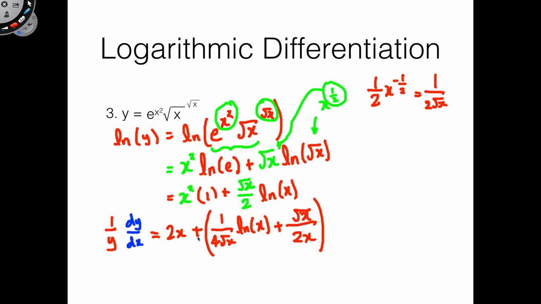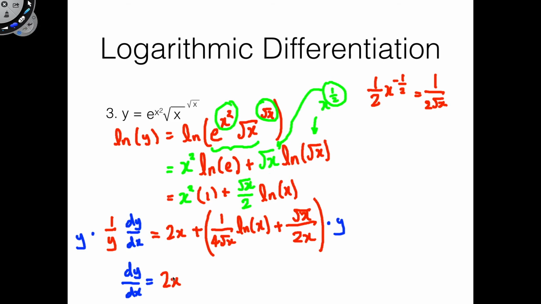All right. And then for the final step, you just go ahead and multiply by y to both sides. So you multiply by y, multiply by y. So you're finally left with that dy dx equals 2x.